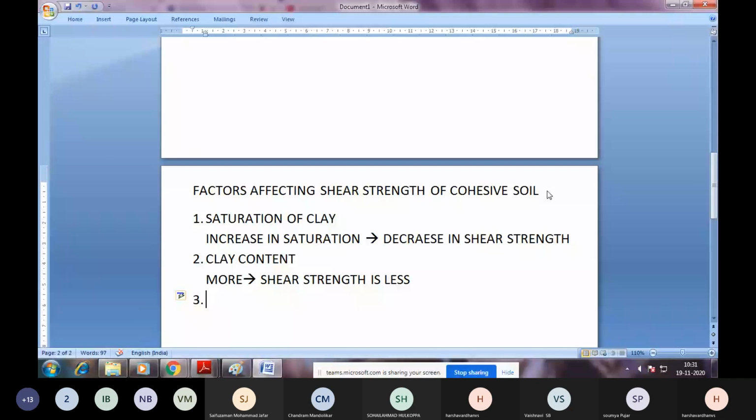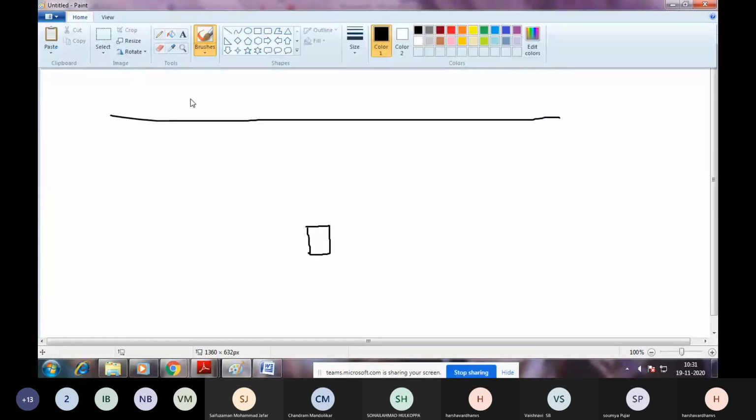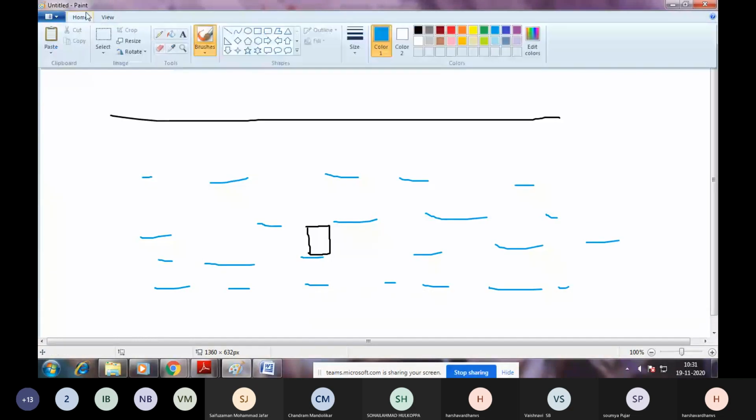Next is drainage condition. Drainage condition means, in the soil mass, obviously water is present. The soil mass will have some moisture content. Whether this moisture is allowed to drain or not.